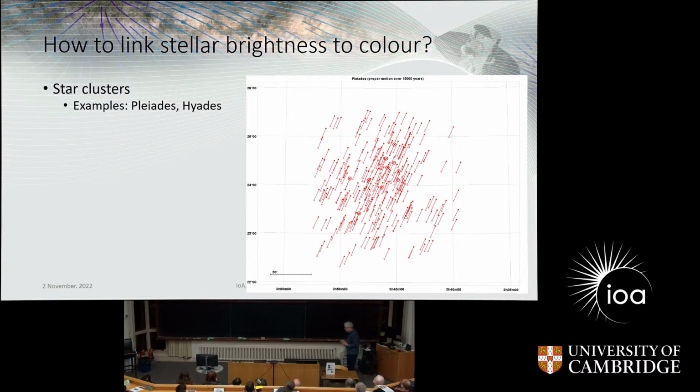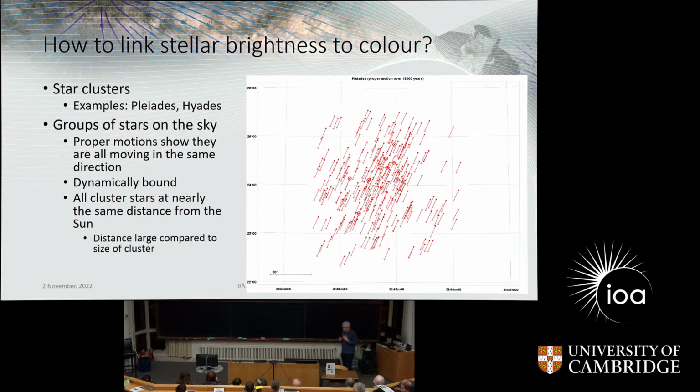Well, it means that we have groups of stars on the sky with proper motions that are all the same. And for the proper motions to be the same means that they are all moving in the same direction. They're moving together. Yeah, and as they're moving together, they're likely to be bound together, and have always been bound together.